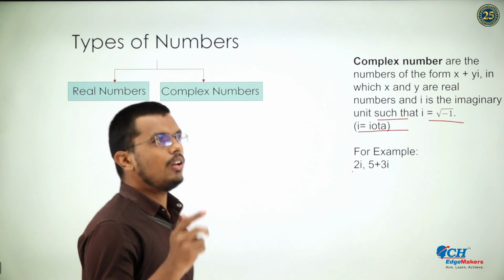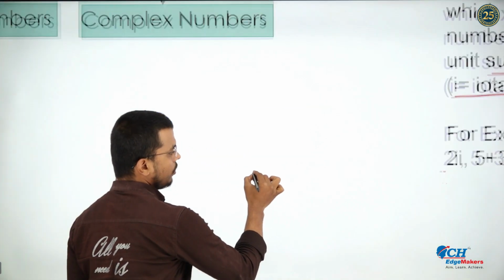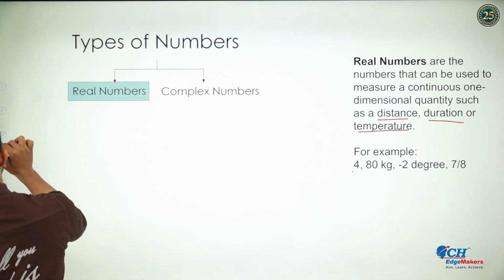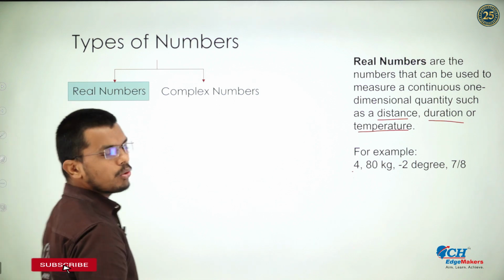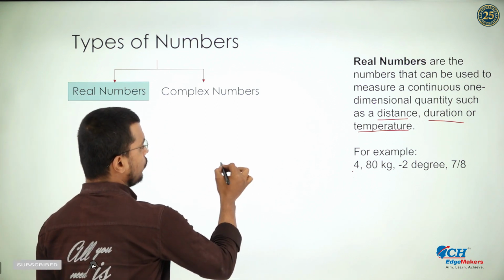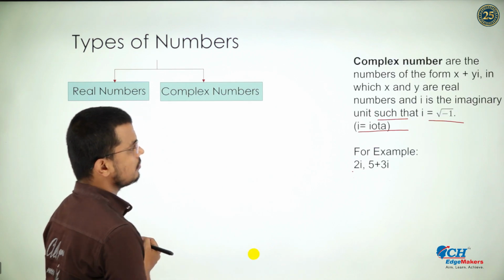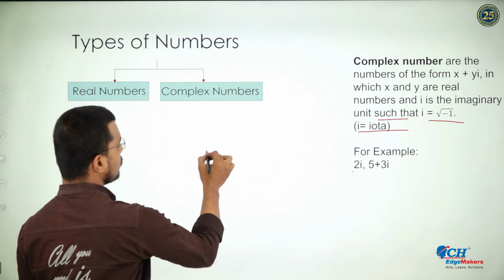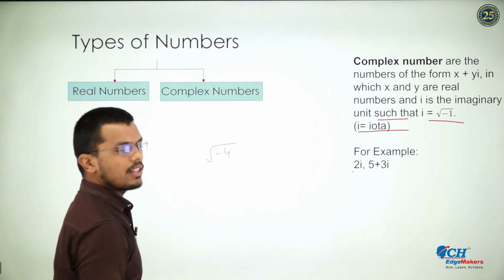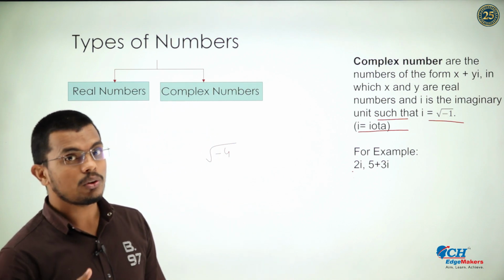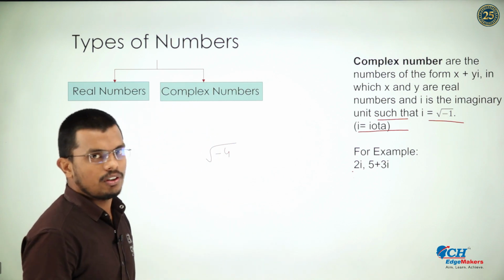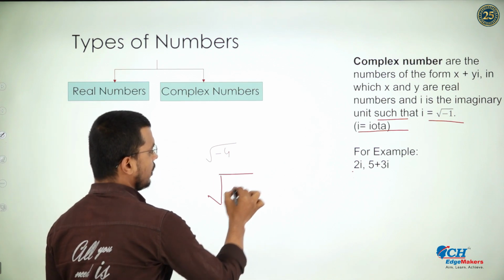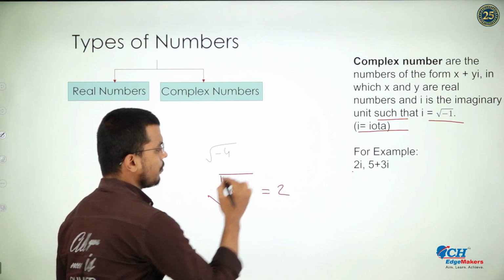What is i? Look, if I need to calculate the square root of a negative number, let us say square root of minus 4, will you be able to calculate it? Absolutely not, because if we calculate the square root of a positive 4, definitely it will give you a value of 2, right?